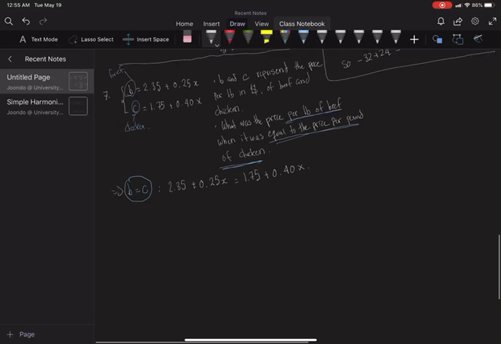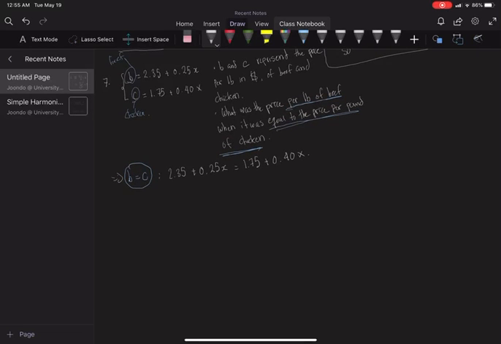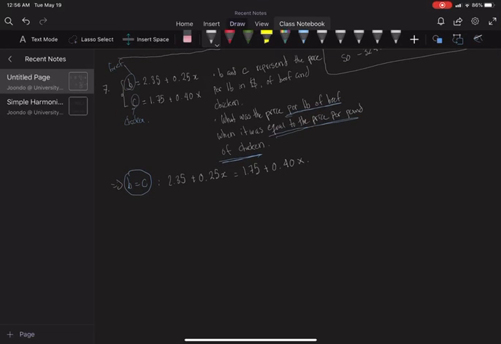Now let's review how to solve this kind of equation. Non-x goes with non-x, x goes with x. So we move the non-x terms together: 2.35 minus 1.75, and 0.4x minus 0.25x.